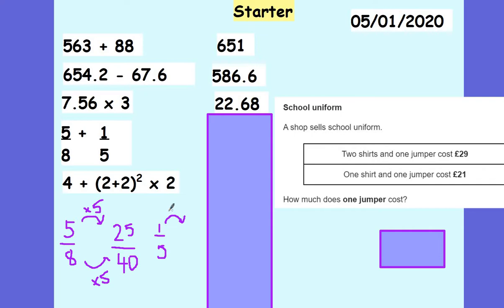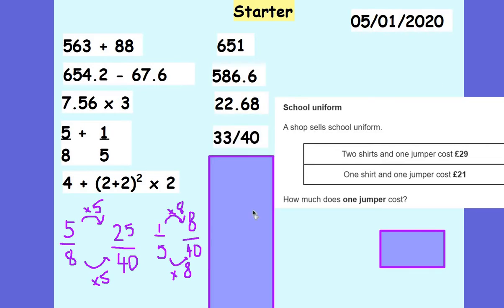Multiplying 1 by 8 would give me 8, and 5 times 8 gives me 40, so they've now got the same denominator. Now that they've got the same denominator, I can do 25 over 40 plus 8 over 40, and that would give me 33 over 40.